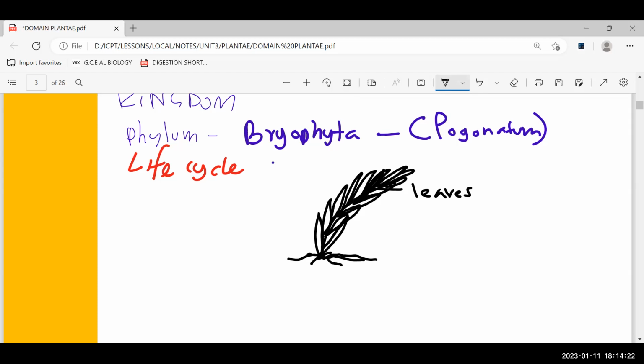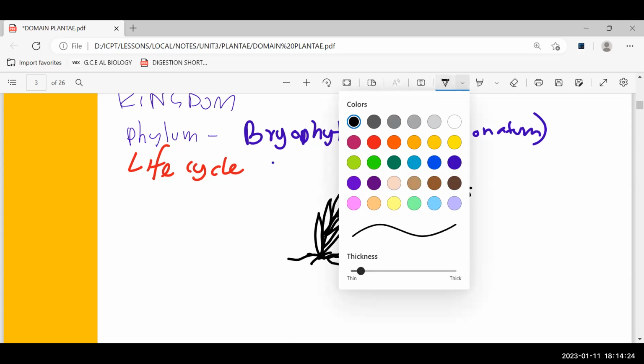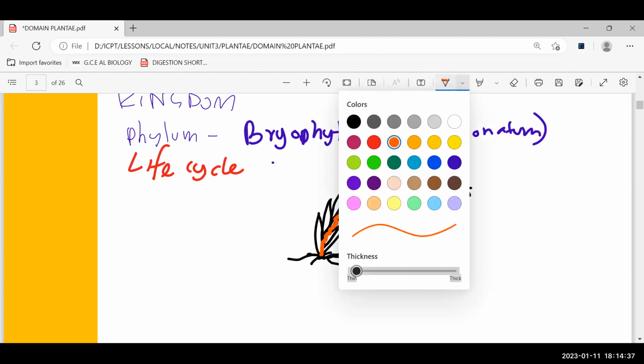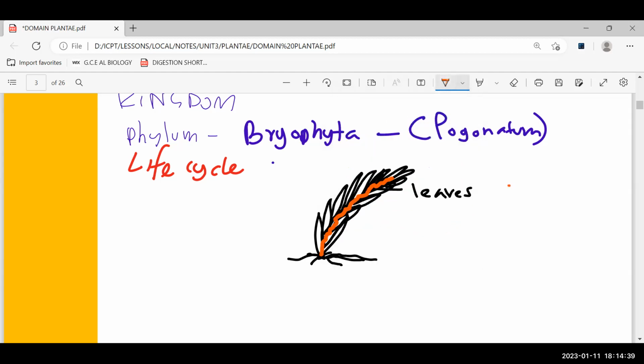This one has a small structure like a stem in the middle. So this represents a stem-like thing, and that part we can write as stem, and the roots are called rhizoids.